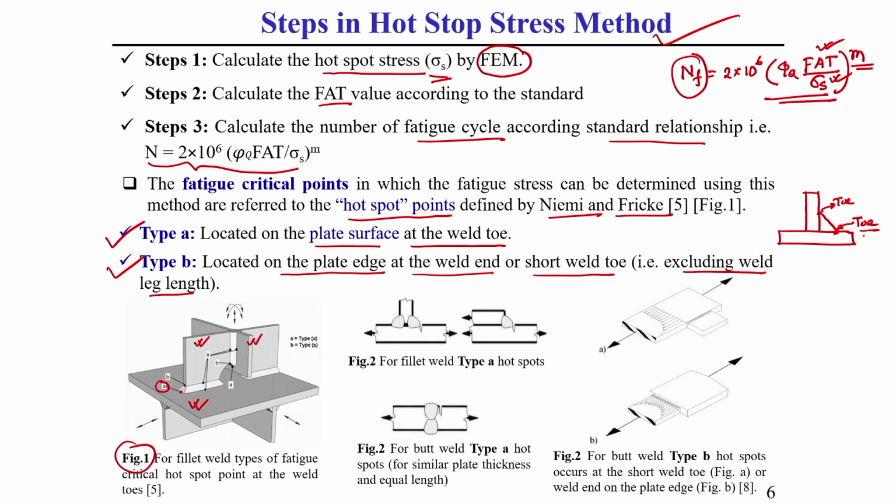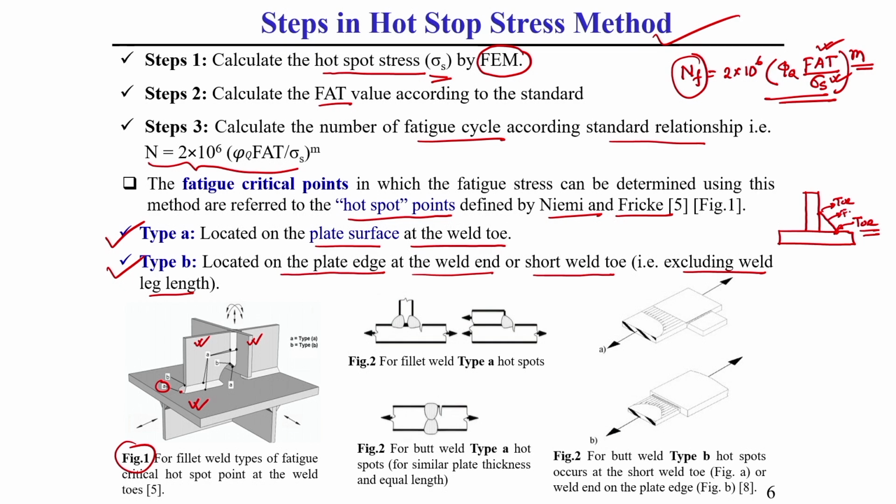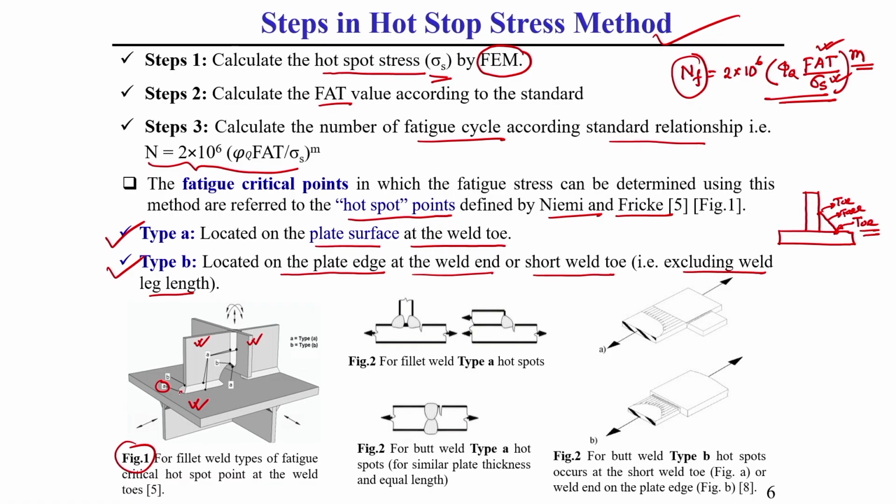I have already told you, the corner point of this weld face is called the toe of the weld. So, if the toe is at the edge of the plate, then it is called type B.